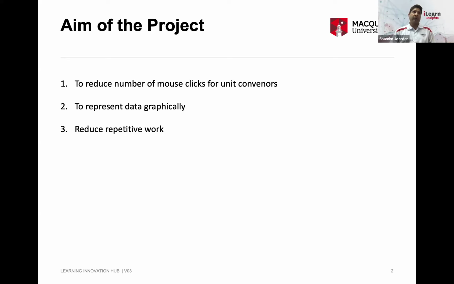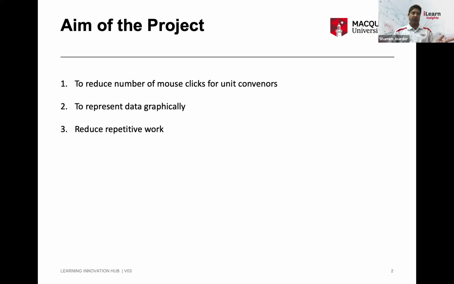So iLearn Insights provides a direct link to a resource or activity, to represent data graphically, to show you all the student data in a graphical format, and to reduce repetitive work. That means if you are doing anything on a daily or weekly basis with iLearn data, iLearn Insights has the capability to automate it, right?